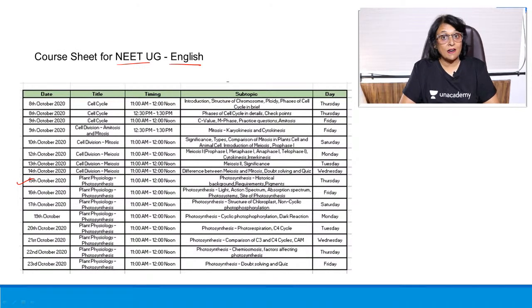So we are going to start with photosynthesis. We are having one class every day: 16th, 17th, then 18th is Sunday, so I'm going to skip that, then 19th, 20th, 21st, 22nd and 23rd. I've given you a heads up for the next few classes so that you don't miss them.